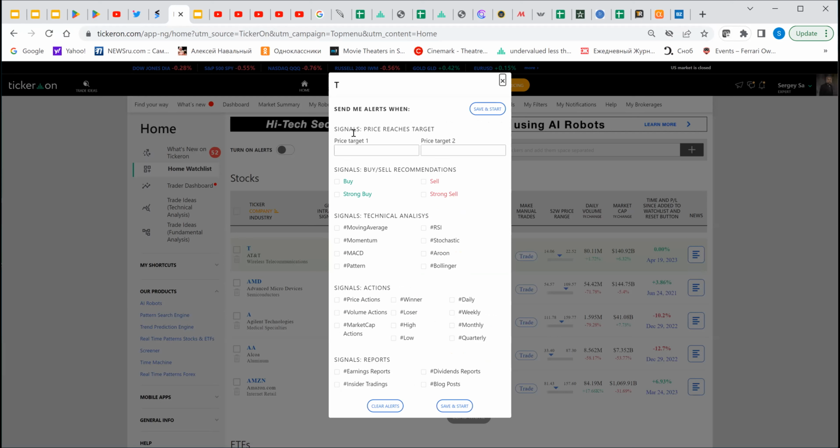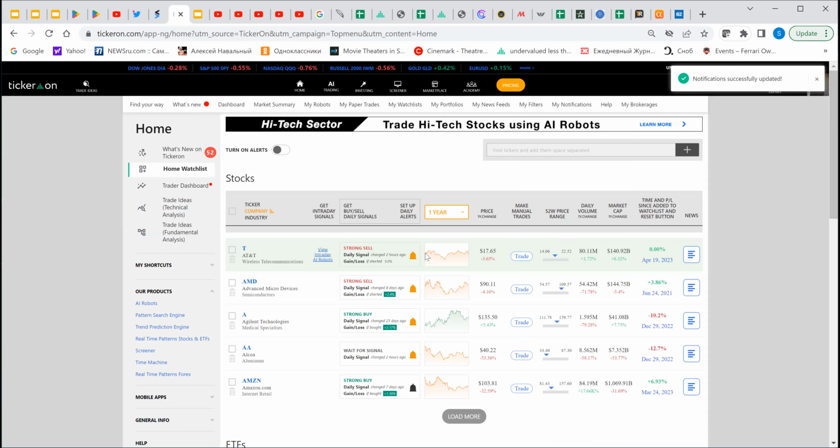For instance, you can put a price target, or let's say you want to only get strong buy and strong sell, and you'll get a notification as soon as they appear for this particular signal. Then you save and start. You can also signal on moving averages or anything basic. You see now it is somewhat yellowish, and that's going to generate alerts for me and for you if you create these home watch lists. That's what we call it. So that's where we started.